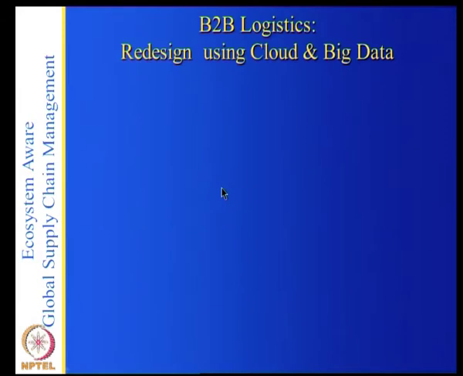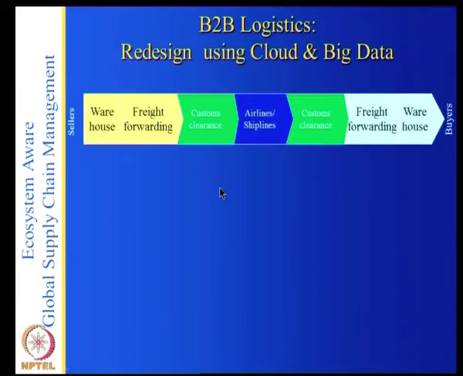So if you look at B2B logistics redesign using cloud, if you look at the diagram, say there is a seller, there is a buyer, and this is the chain of events that usually happen for an international logistics chain.